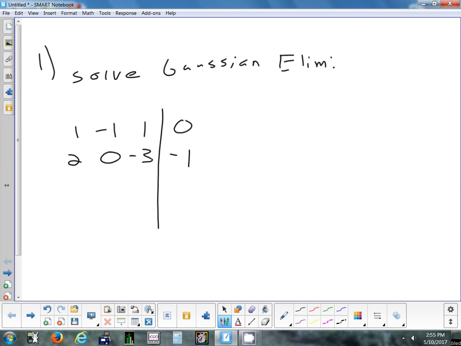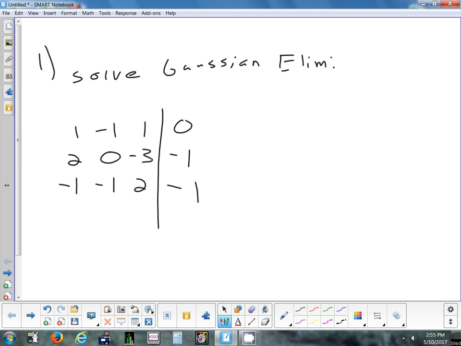And the last one is -x minus y plus 2z equals -1. All right, let me just double check. 1, -1, 1, 2, 0, -3, -1, -1, 2. It looks good.